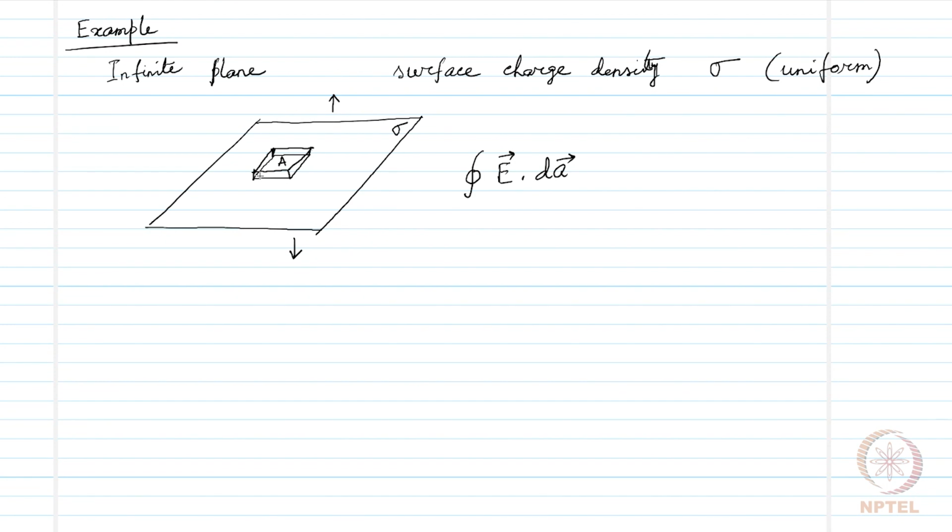So, the Gauss law in integral form gives us the closed surface integral of E dot dA equals total enclosed charge over epsilon naught. Now, we have to find out the integral of E dot dA.